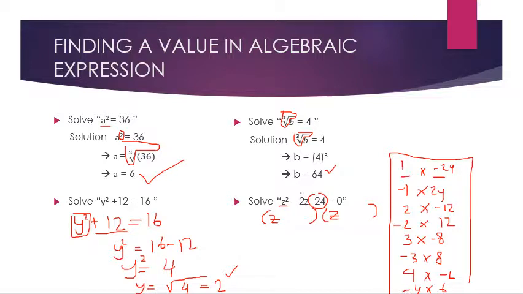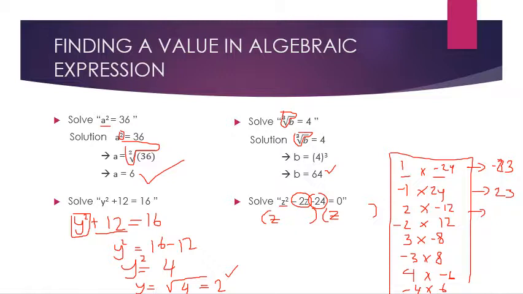Now, to get the middle term, you need to add these numbers and see where we get minus 2. Let's see, if we add them, 1 plus minus 24 is minus 23. So this is not the answer. Then minus 1 plus 24 is 23.